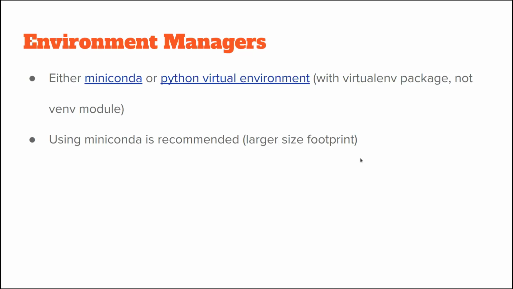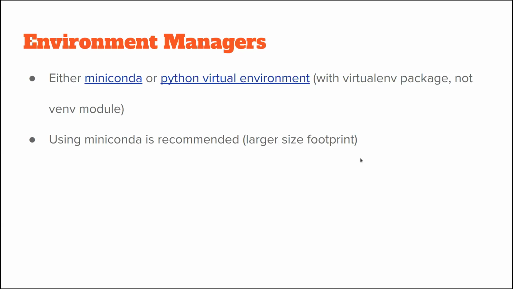Using Miniconda is recommended, although it has a larger size footprint, as we will see, because Miniconda uses Conda repositories and comes along with many other packages itself. A larger version of it is called Anaconda. The difference is that Anaconda comes pre-installed with a number of packages that might be helpful for data science purposes, and Miniconda is just a minimal version of that.